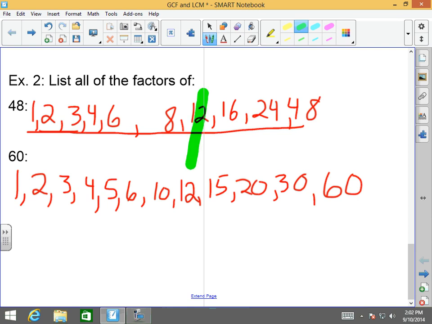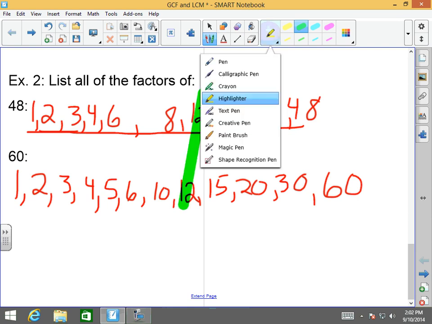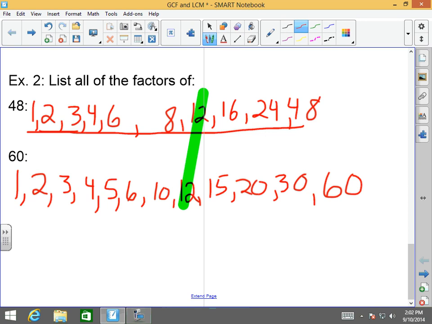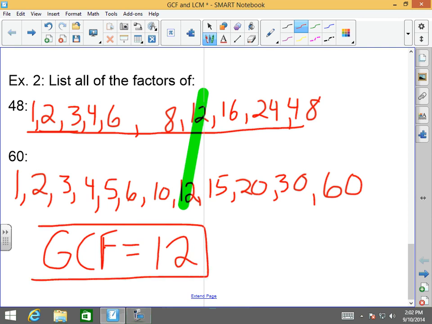Very good. So in this particular case, my GCF, my greatest common factor, would be 12. Does that make sense? You promise? Awesome. May I continue?